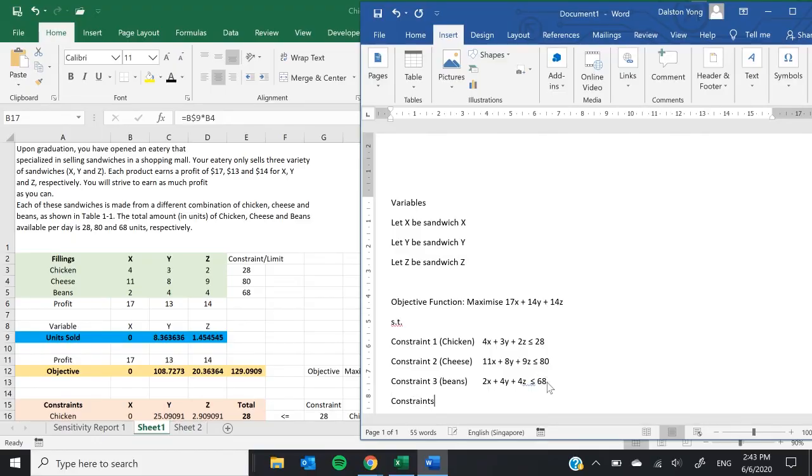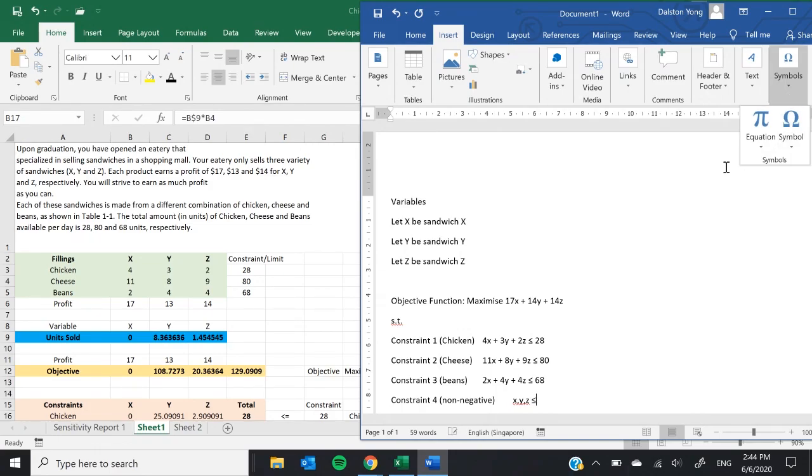And then for good measure, constraint 4 would be a non-negative, which we could write as x comma y comma z must be greater or equal to 0.